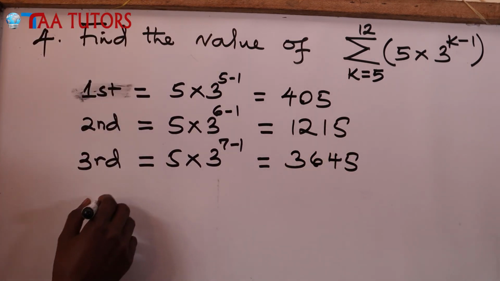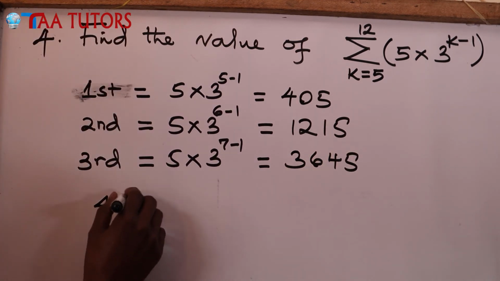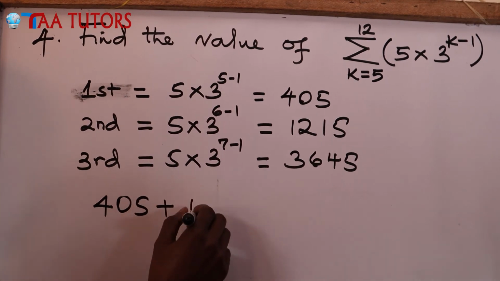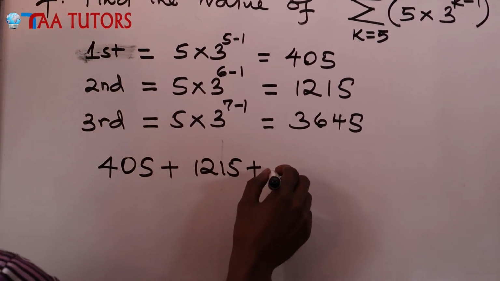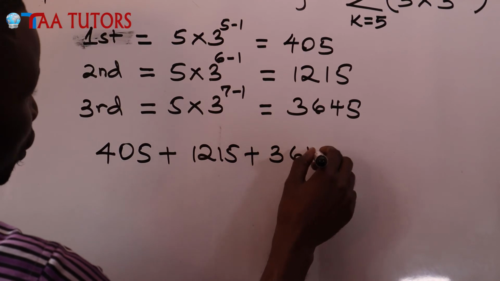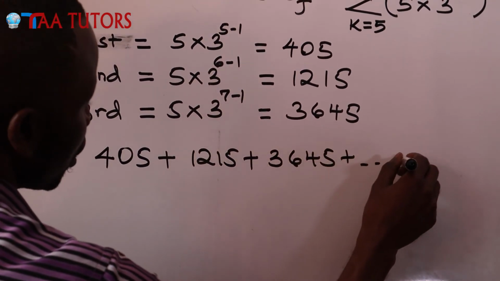So we know that these terms are 405 plus 1215 plus 3645 plus, and so on.